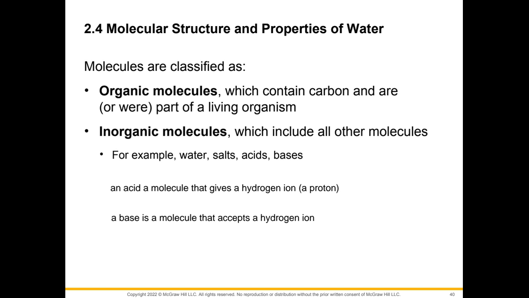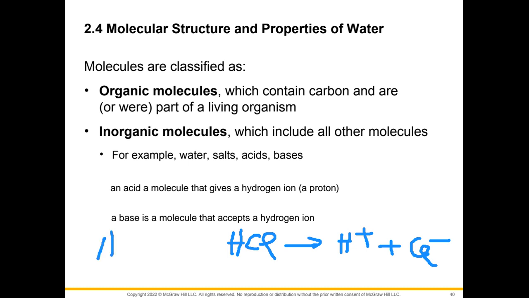So, for example, if you think of HCl, hydrochloric acid, you put it in water, it dissociates into hydrogen ion and a chloride, Cl minus. Likewise, H2SO4, sulfuric acid, very strong acid, breaks down to 2 hydrogen ions and SO4 with 2 minus.